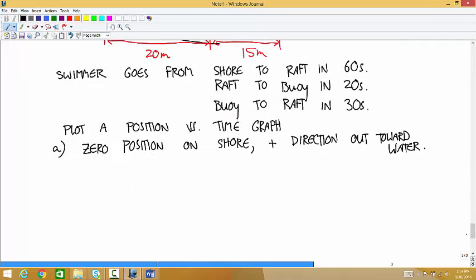And then for part B, we want to choose the 0 position at the buoy, and the positive direction toward the shore.